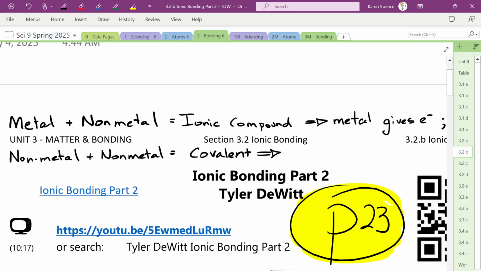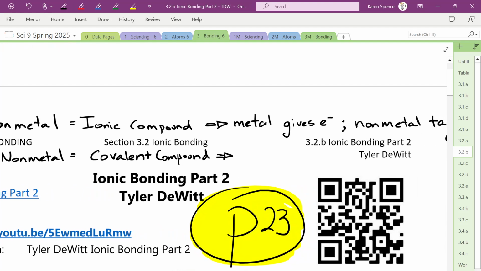Whoops, I should say covalent compound. Gives you a covalent compound. And in a covalent compound, what do the two nonmetals do with their electrons? They share electrons.